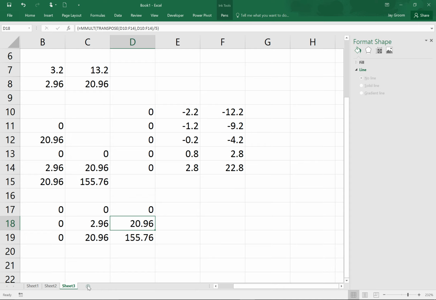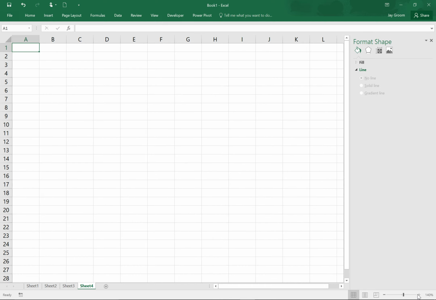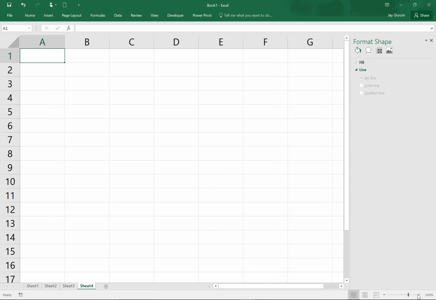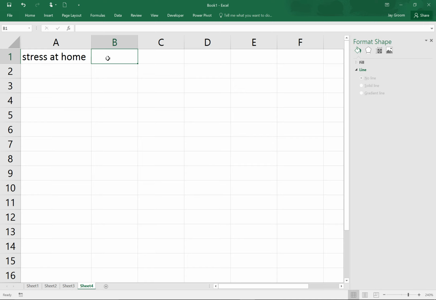So if you had someone's blood pressure, your blood pressure is a function of your stress at home and your stress at work and the number of days you fish.